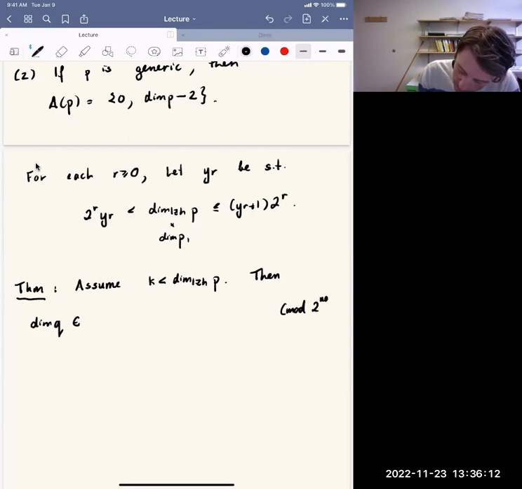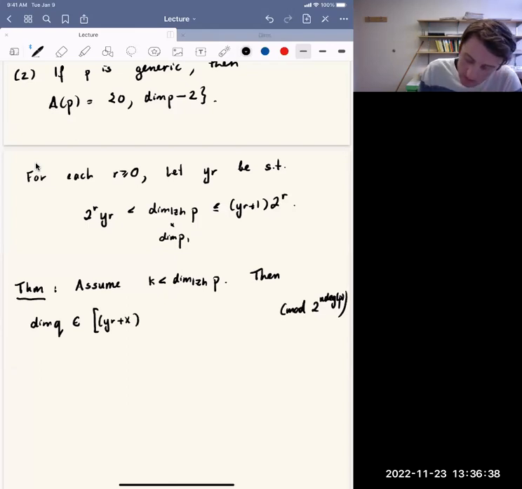And now I'm working modulo 2 to the norm degree of P. So remember, in this case, this integer is exactly s plus 1 when P is a quasi-Pfister neighbor, but otherwise it will be strictly greater than s plus 1. And for a generic form, it will be a very large power of 2. And modulo this thing, the dimension of Q is now in an interval of the following type.